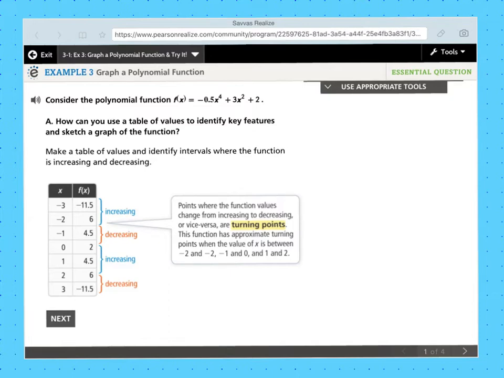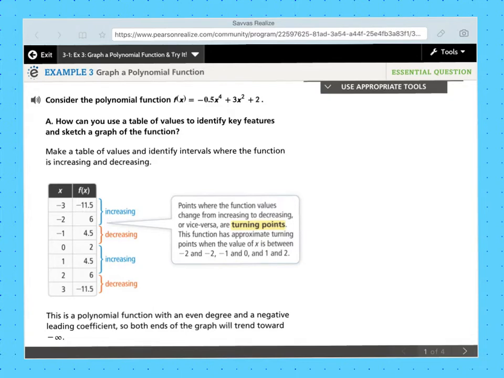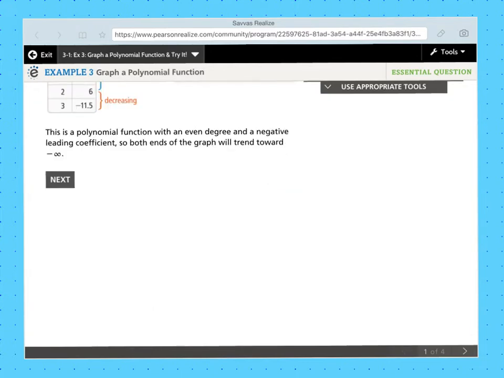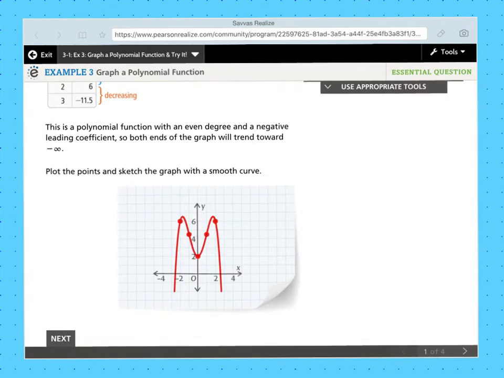And as we mentioned, we expect this to follow the end behavior of f of x equals x squared, so both ends of the graph will trend towards negative infinity. So there you go. We plotted the 5 dots on the coordinates.